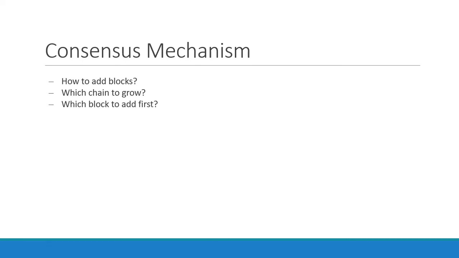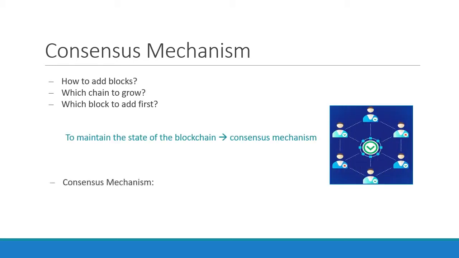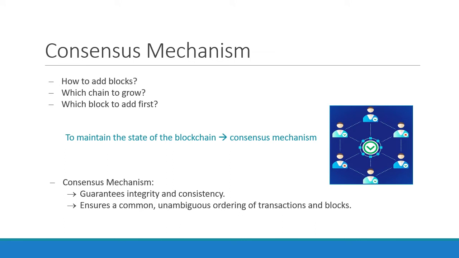If two blocks are entered into the blockchain at the same time, how do we decide which block to add first? The answer is the consensus mechanism. It guarantees integrity and consistency, ensures a common unambiguous ordering of transactions and blocks, and protects against attackers.